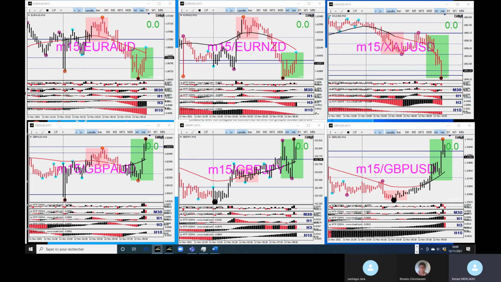Okay, New Zealand had an entry 3 minutes ago on the 1 minute, but I'm going to wait for the ball to retrace a little.